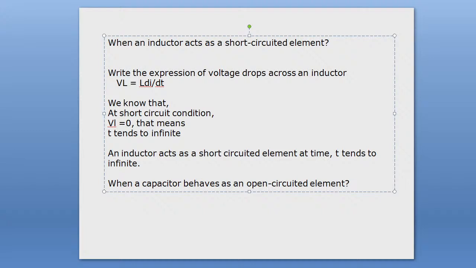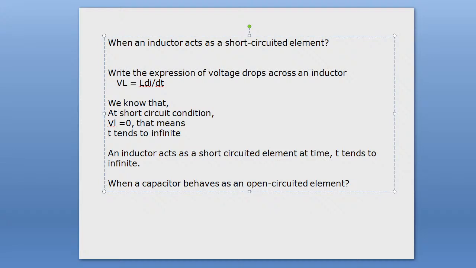Now if we put this condition in the expression of voltage drop across inductor, then you will get L di/dt equal to 0. L is a fixed value for an inductor, and i changes with time.